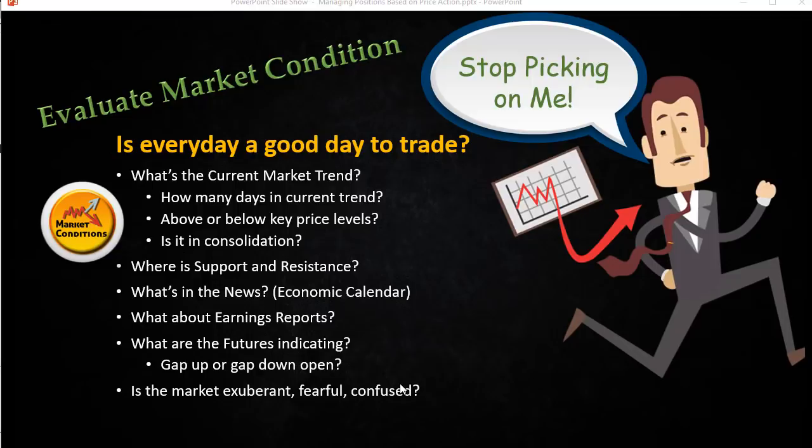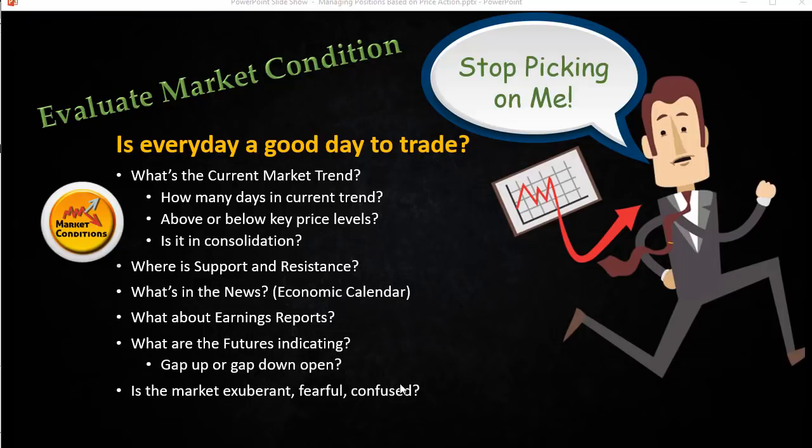Some of the things you want to look for: how many days has the market been moving up? I actually count days. If a market or a stock is up 5 to 7 days, I am literally focused on that price action because I expect a pullback or a consolidation to start at any minute.